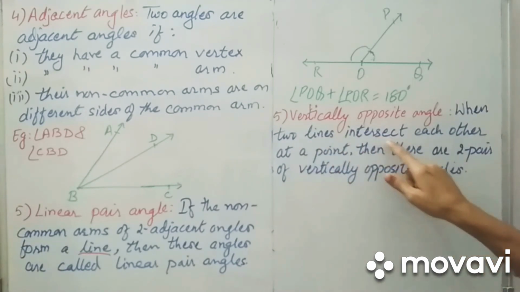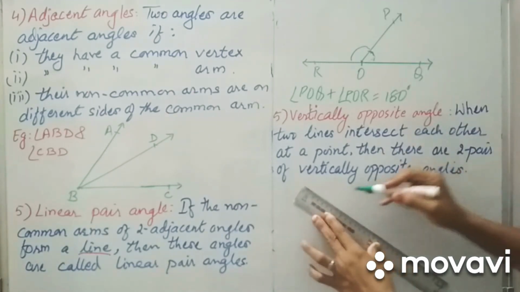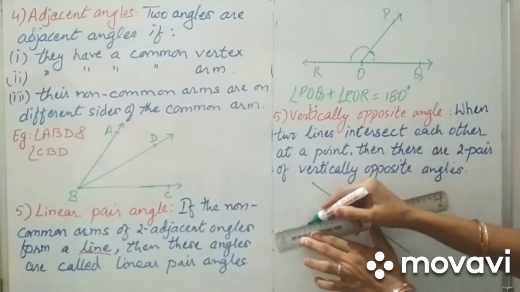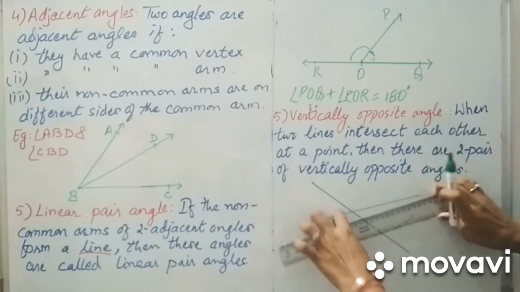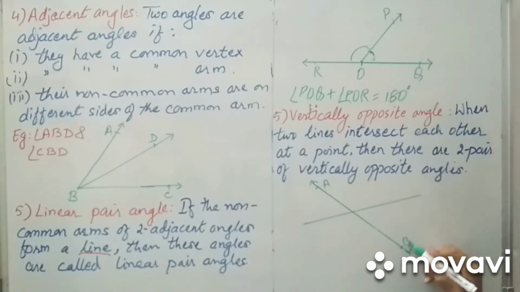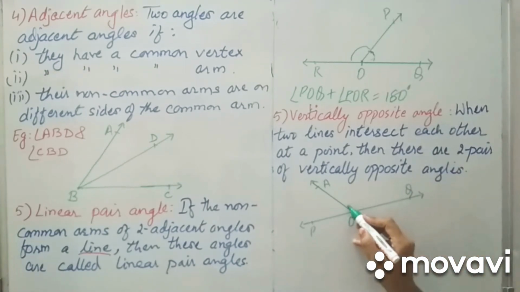Fifth is vertically opposite angles. When two lines intersect each other at a point, they form two pairs of vertically opposite angles. Let us understand here. This is one line and this is another line. Name it as A, B and the intersecting point as O, another one as P and Q. So which are the two vertically opposite angles? The ones with the same color.